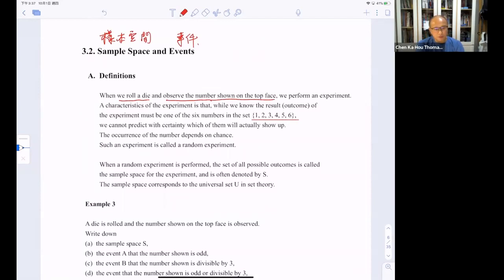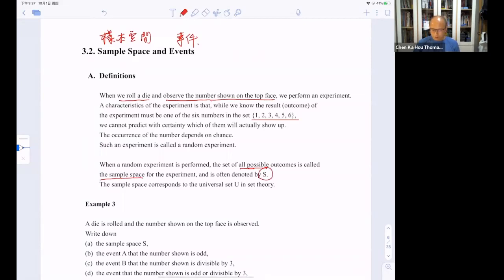Although you can't predict with certainty which of them will actually show up, this is called a random experiment. 這個隨機實驗。When a random experiment is performed, the set of all possible outcomes is called the sample space for the experiment.